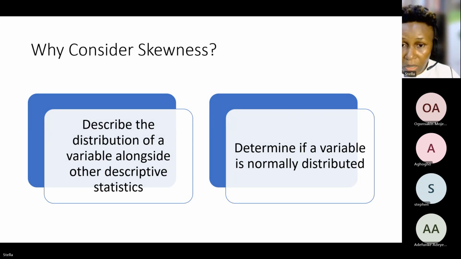So we look at why we consider skewness. One of the reasons is that we want to describe the distribution of a variable alongside other descriptive statistics. When you run descriptive statistics, one of the applications that does that very well is SPSS.